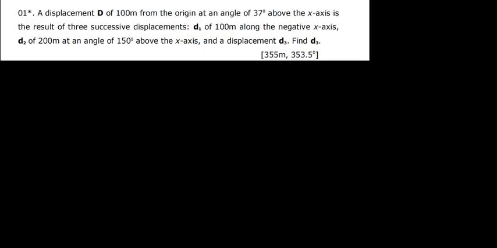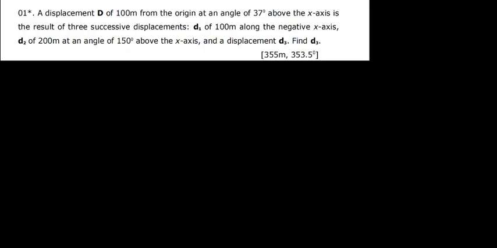Find d3. Let me read the question again. A displacement D of 100 meters from the origin at an angle of 37 degrees above the x-axis is the result of three successive displacements: d1 of 100 meters along the negative x-axis, d2 of 200 meters at an angle of 150 degrees above the x-axis, and the displacement d3.